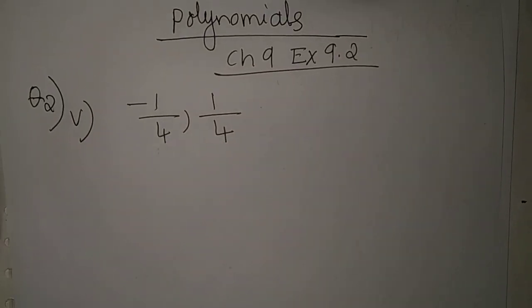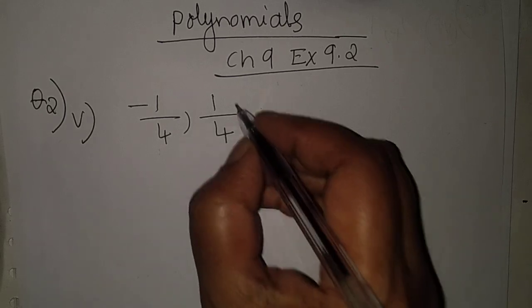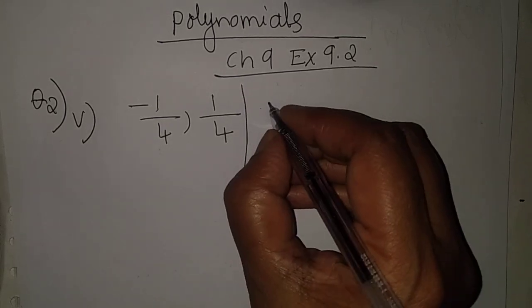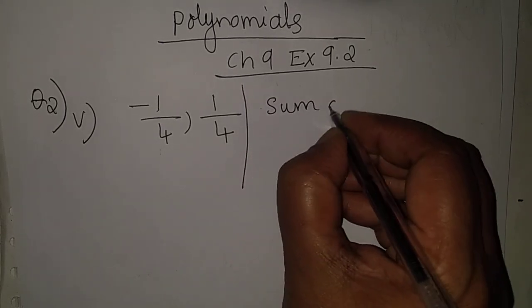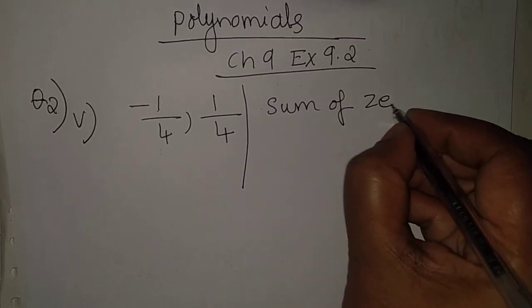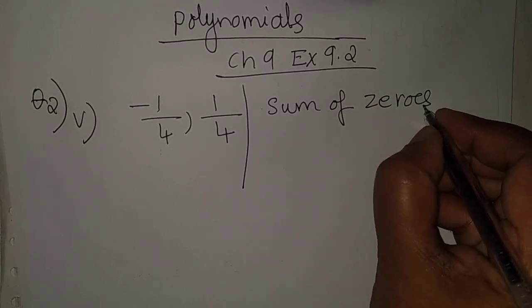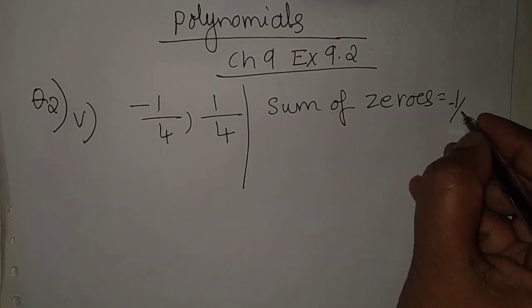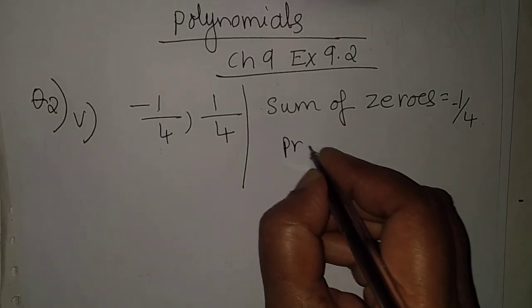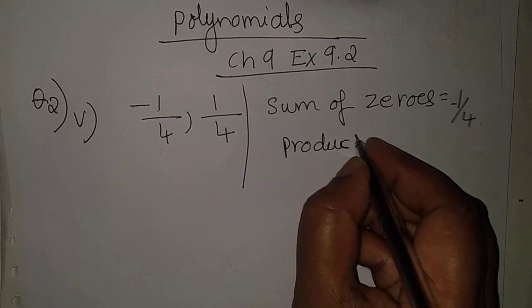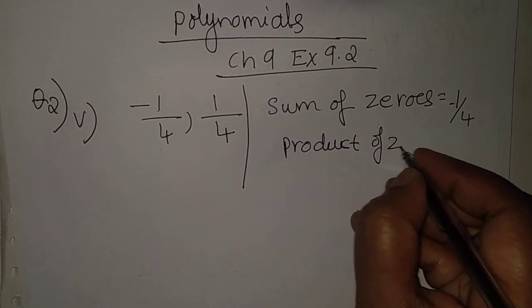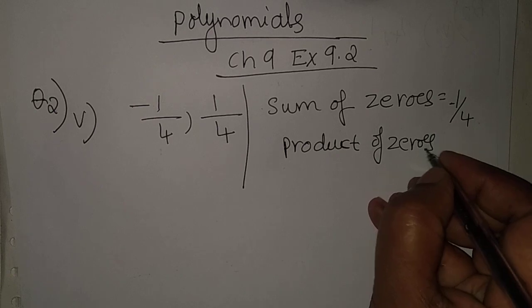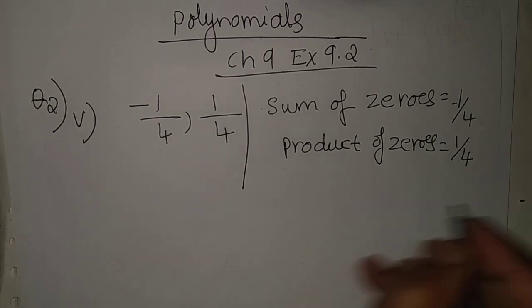Now in the fifth one, they have given minus 1 by 4 and plus 1 by 4. Therefore the sum of zeros is given as minus 1 by 4, then product of zeros is equal to 1 by 4.